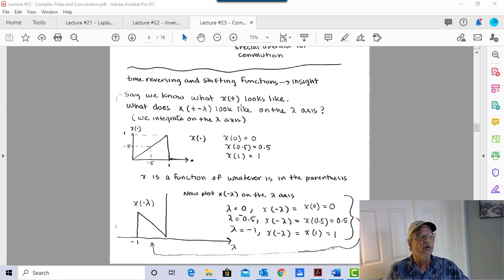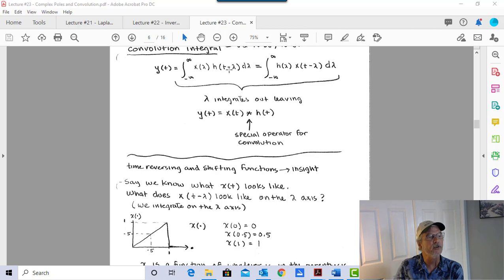Remember, we're normally used to seeing x of t, where t is the horizontal axis. But here, I want to plot x of t minus lambda on the lambda axis. The reason is that this integration occurs on the lambda axis. So I want to give you an intuitive feel for the lambda axis, but we've got to see what x of t minus lambda looks like on that axis.